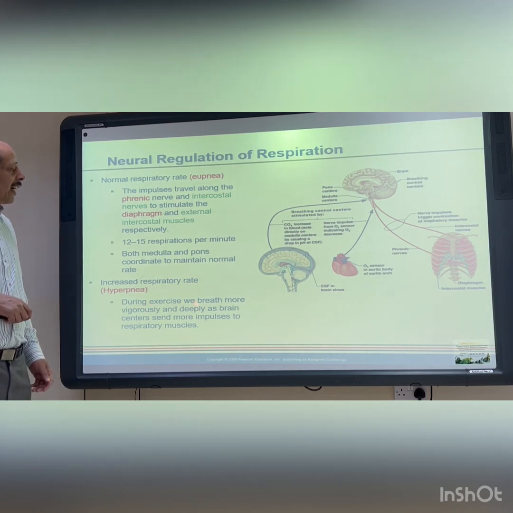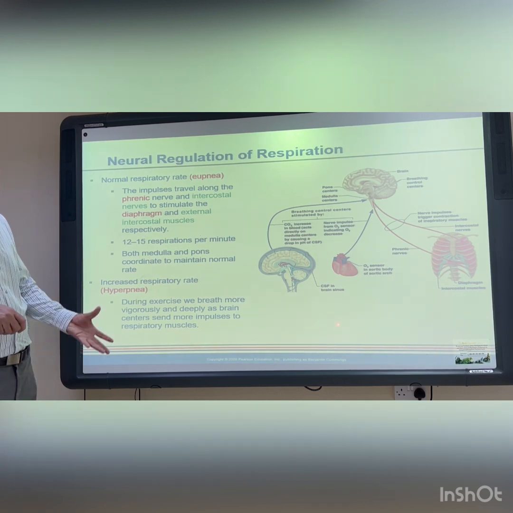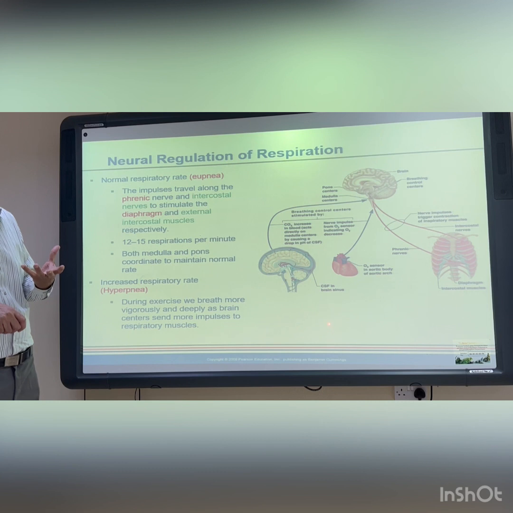So during exercise we breathe more vigorously and more deeply, as the brain center sends more impulses to the respiratory muscles to contract. So the rate will be more in case of exercise. We call this hyperpnea. So eupnea is the normal breathing in respiration at rest.